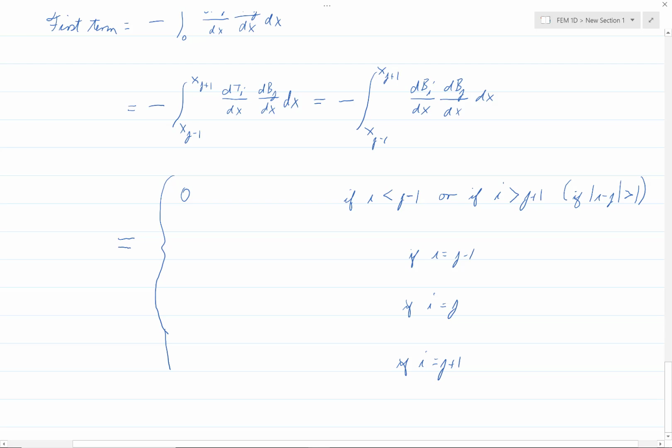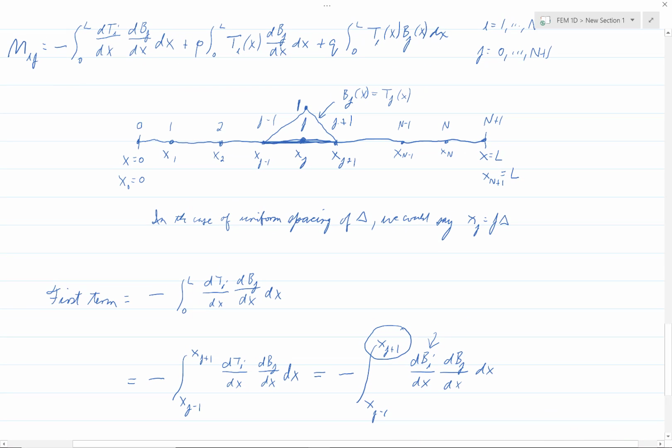So if i is equal to j minus 1, then the region of overlap will just be from xj minus 1 to xj. Notice here, up here, we have the upper limit of xj plus 1, but if i is equal to j minus 1, then this bi won't stretch all the way to xj plus 1. It'll stop.